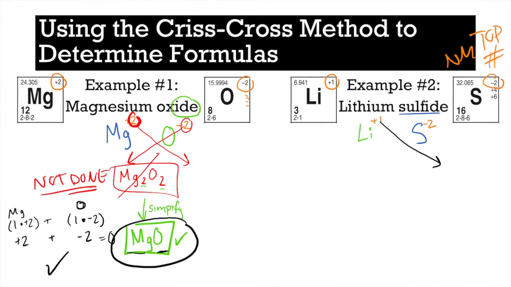Bring down that 1, bring down that 2. So you get Li2S1. Remember, this 2 came from the sulfur charge, and this 1 came from the lithium charge. Now again, you don't need to write the 1s. You can just write Li2S. And that would be your formula.